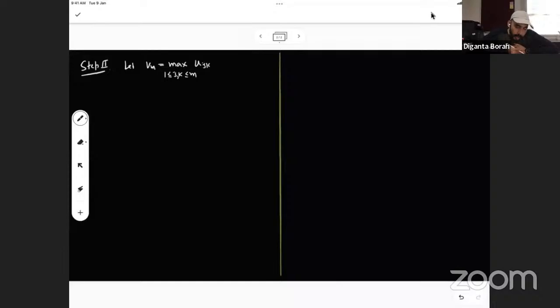I am allowing j and k both to vary, but finitely. So j and k vary from 1 to m, and I'm looking at the maximum of these functions, which I am denoting by V_m. Yesterday we also learned that if you have two subsolutions, then their maximum is also a subsolution, right? So this V_m is definitely in the Perron family, so it will not go out of that family.